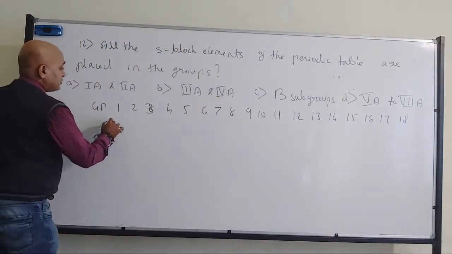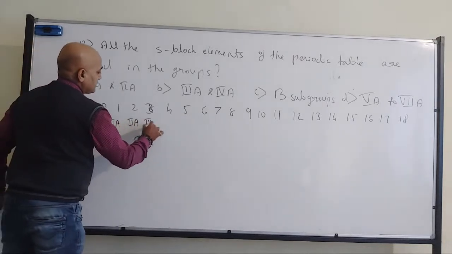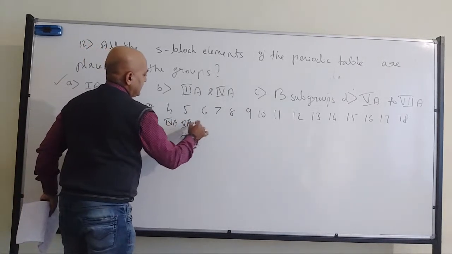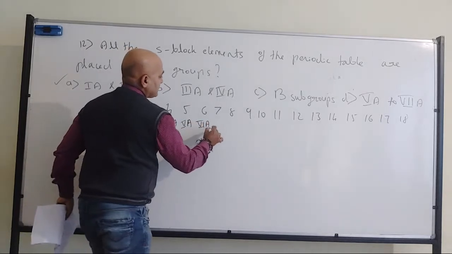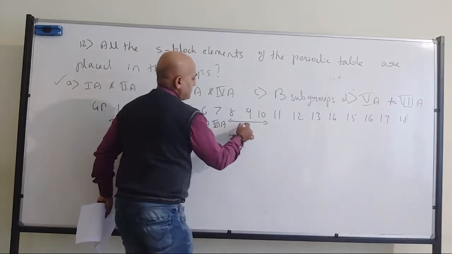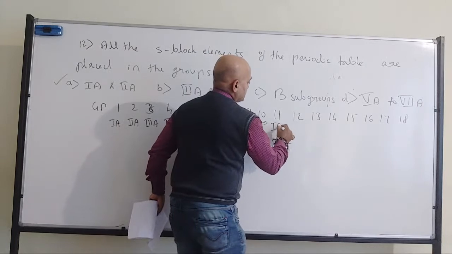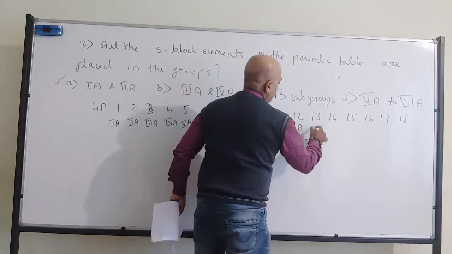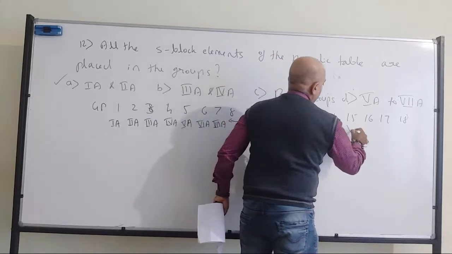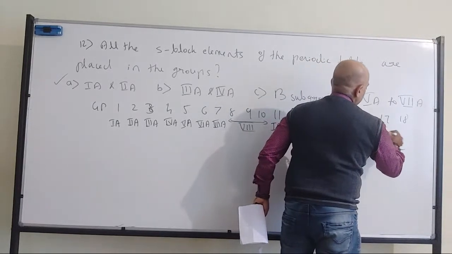But earlier, it used to be given as 1A, 2A, 3A, 4A, 5A, 6A, then 7A, then these three they used to keep as 8, then 1B, 2B, 3B, 4B, 5B, 6B, and 7B.